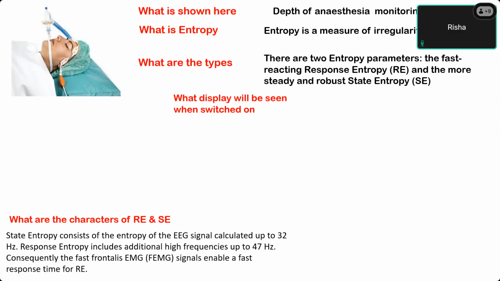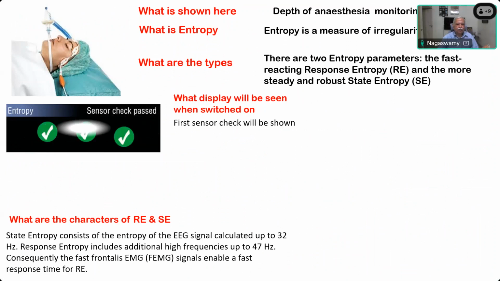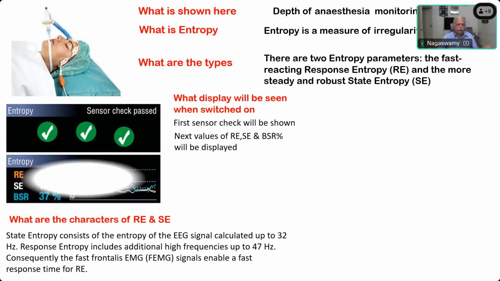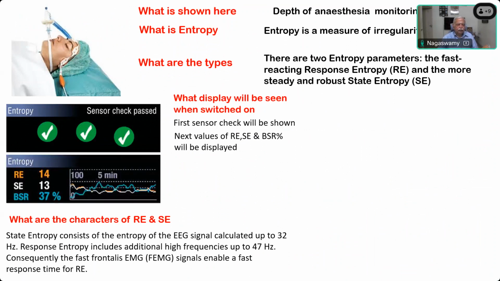When you switch it on, will you immediately get the RE and SE display, or will it calibrate or get something else? First the sensor check will be shown. So the sensor check panel passed. These three ticks will come. Next, values of RE and SE and BSR percentage will be displayed like this. So RE 14 and SE 10.